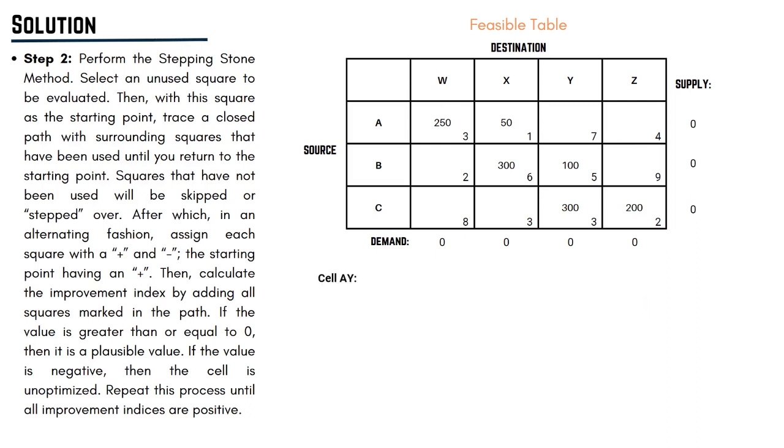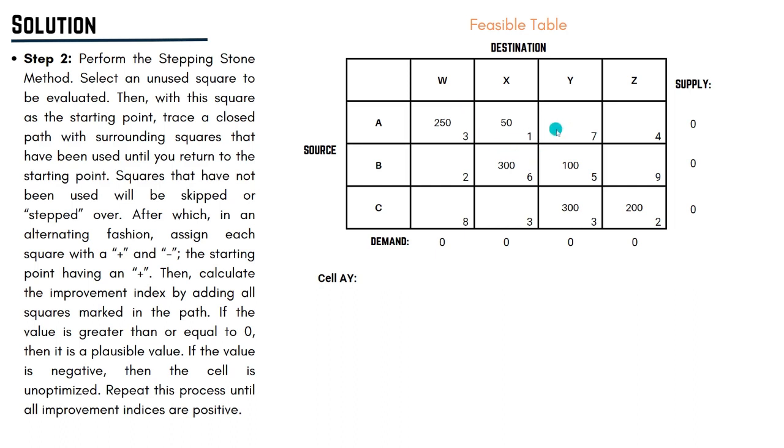Now I chose cell AY to begin with. Cell AY can move to cell AX or cell BY. It cannot go to cell AZ because AZ has no value. Furthermore, cell AY cannot go to cell BX because it cannot go diagonally.